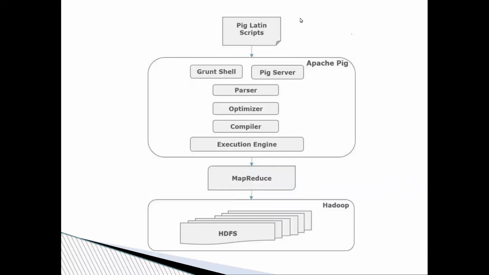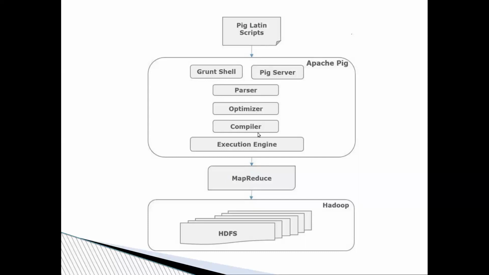So you are here with the Pig Latin scripts. You give them to the Pig engine. So through the grunt shell, there is a Pig server. Then there are a few steps. There is a parser, there is an optimizer, there is a compiler, and there is an execution engine.